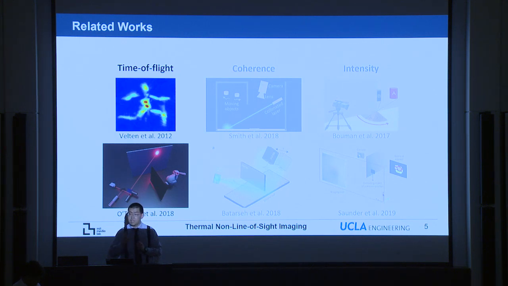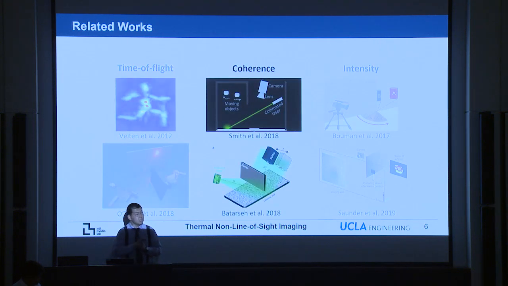Because of this advantage, a lot of work in this field uses time-of-flight cameras to see around corners. Another method is to use coherence properties of light to perform non-line of sight imaging. For example, some works use speckle patterns and spatial coherence to perform tasks such as tracking and localization.